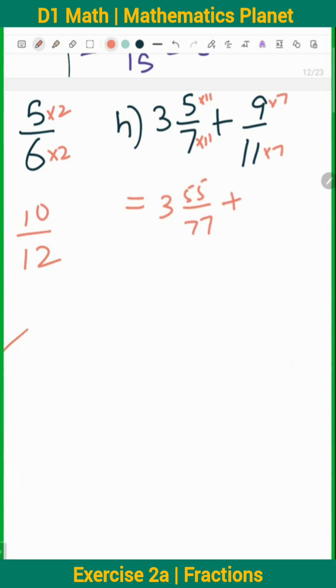Ishal, I want you to speak. Then we will add 55. Miss, I have a question. I can't understand these questions in which one part has a whole number and one doesn't. Okay, if one has a whole number 3 and the other does not have a whole number, so 3 will come as it is. You don't need to add it to any number. Okay? Okay.